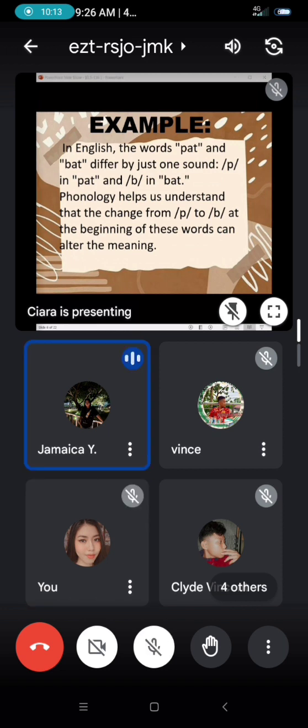For example, in English, the words pat and bat differ by just one sound: p in pat and b in bat. Phonology helps us understand that the change from p to b at the beginning of these words can alter the meaning.